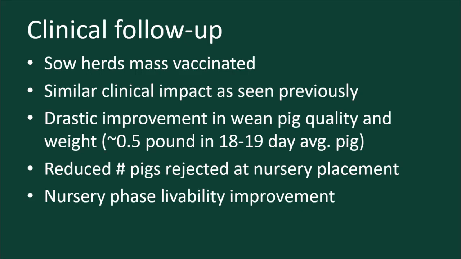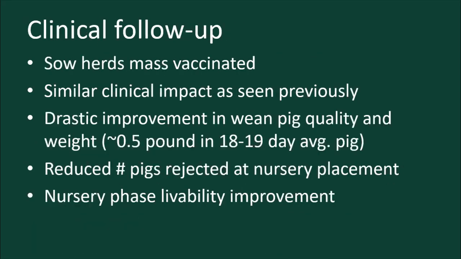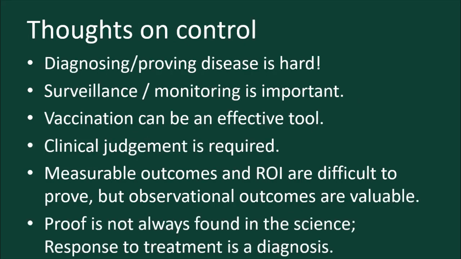They have a very young wean age, but we are starting to see what looks like about a ½ a pound improvement in weaning weight. We also are seeing a reduced number of rejected pigs at nursery placement, so that goes to the wean pig quality. And nursery phase livability is already improving quite drastically in the pigs that have weaned, although they're only on feed for about a month now.